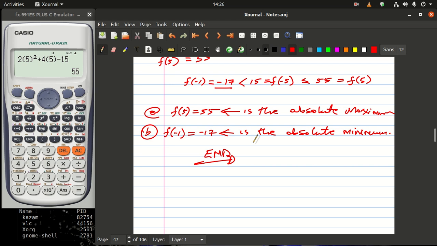We also talked about the absolute maximum, the absolute minimum, and the global minimum. So we talked about those things, and I hope you got a little bit of an idea there.